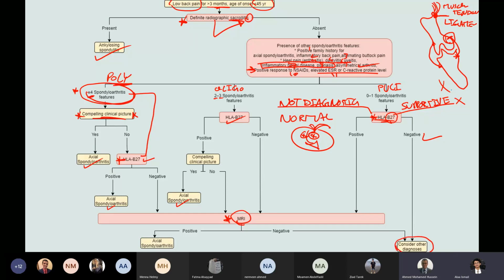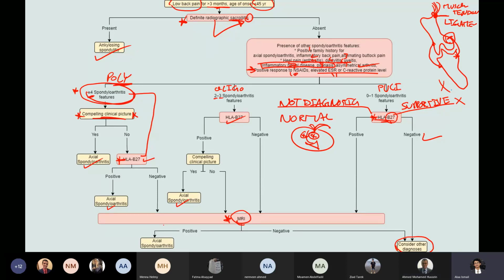So after talking about this algorithm here, we have reached that our patient could be an ankylosing spondylitis from just a definite radiographic sacroiliitis, or he can be an axial spondyloarthritis if he presents to you with polys, or after HLA-B27 positivity, also for a poly patient, or if the patient comes with an oligo feature and you do the HLA-B27 and he's positive and the supportive picture is also there, then your patient is probably having an axial spondyloarthritis.